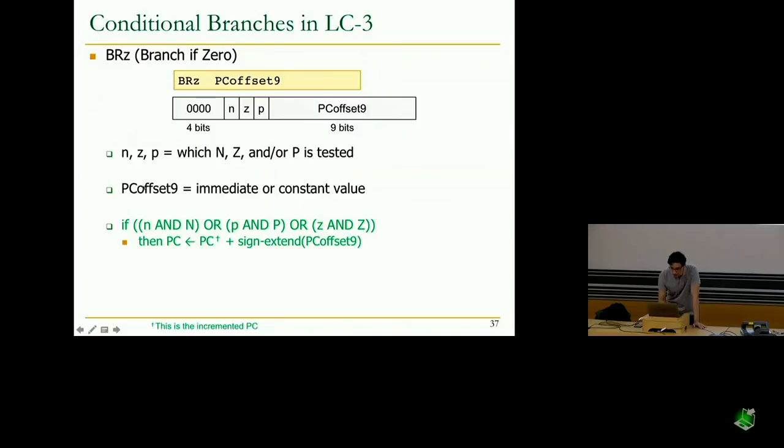The semantics of the conditional branch in LC3 are something like this. We need to check N, Z, and P, which are the condition codes, and we also need to check these small n, z, p that are part of the instruction. So if our instruction says that this small n is 1, we will check the big N, or if this small p here is 1, we will check the big P condition code.